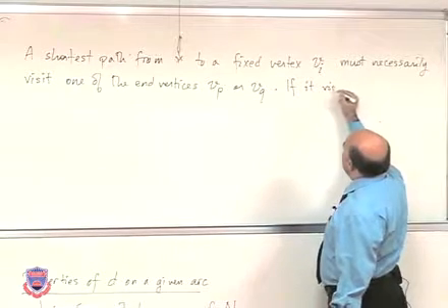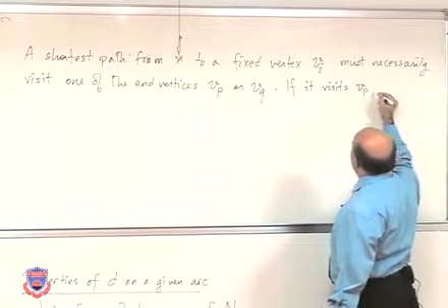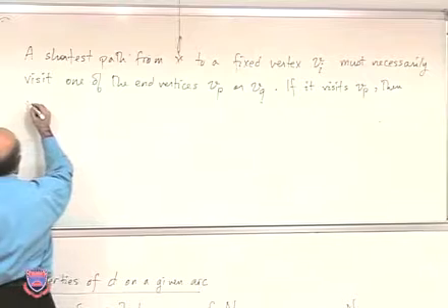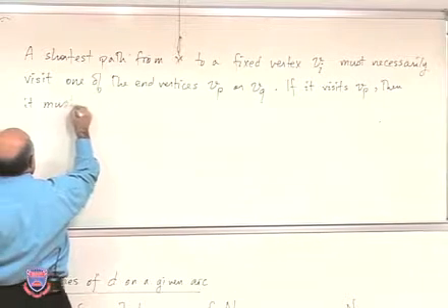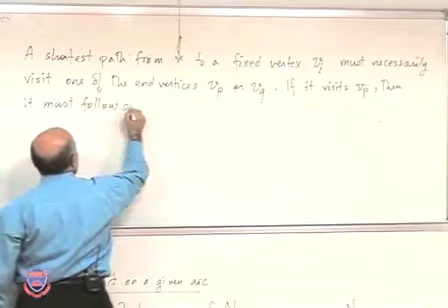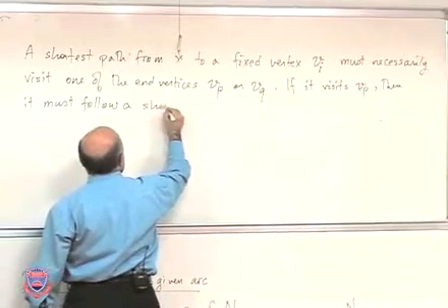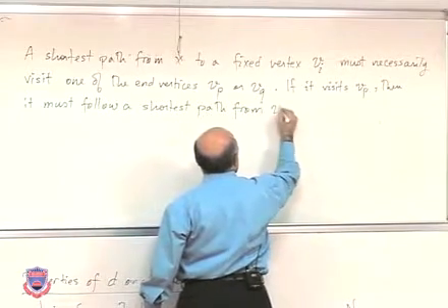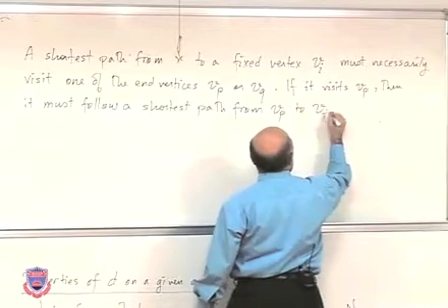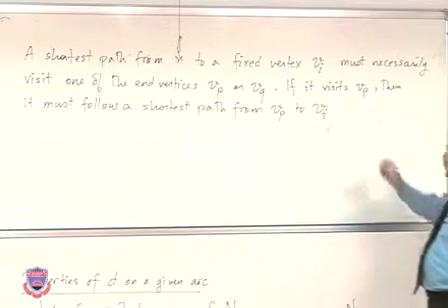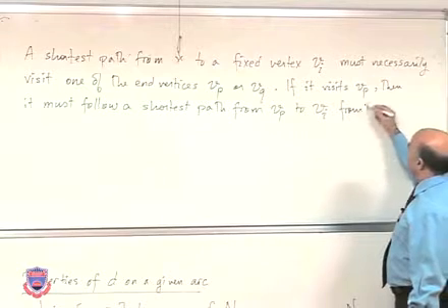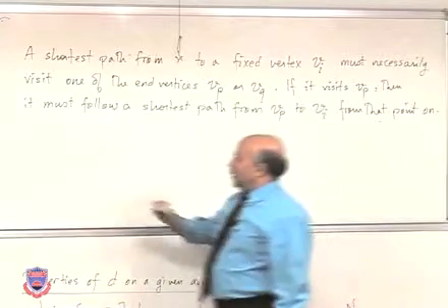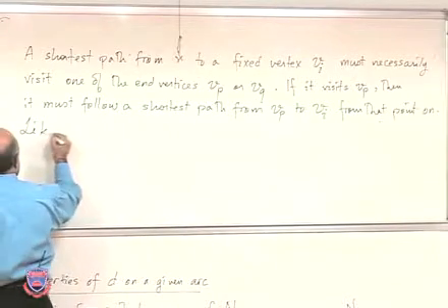If it visits vp, then it must follow the shortest path from vp to vi from that point on. And a similar argument goes for the other endpoint.